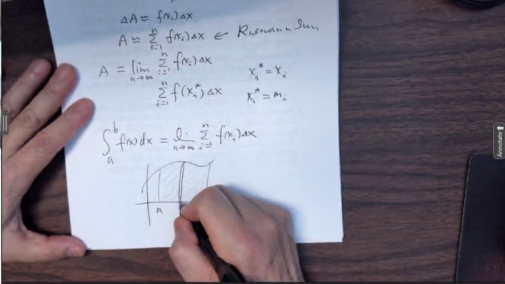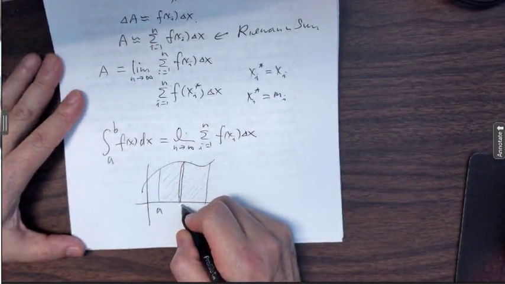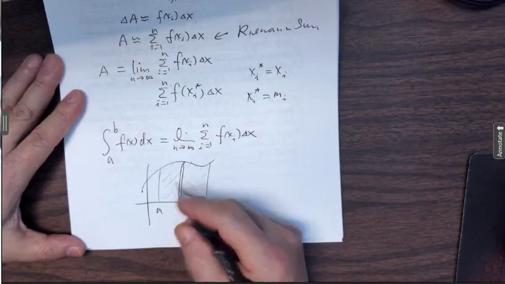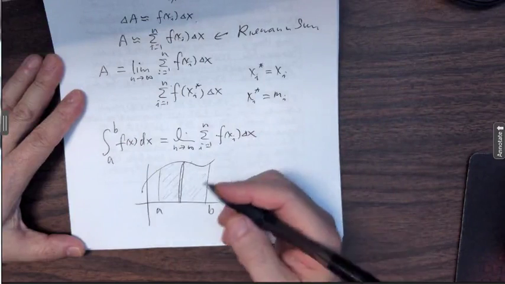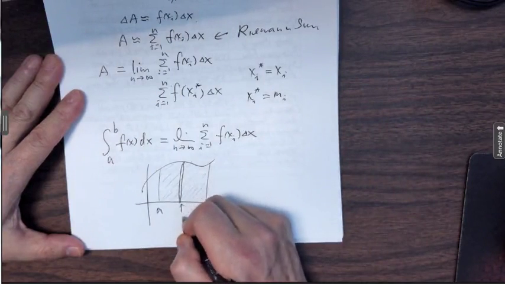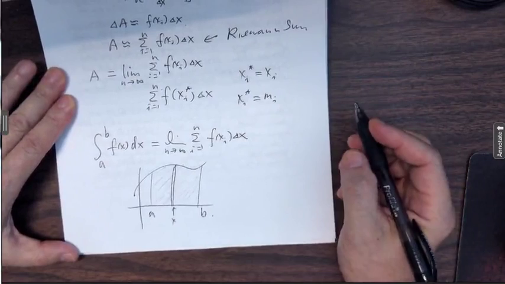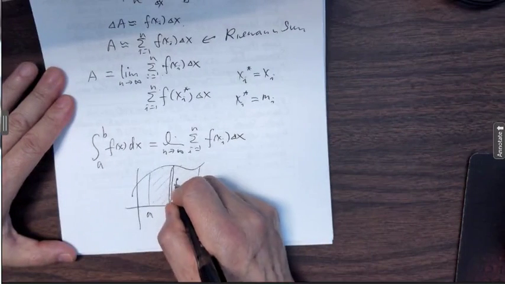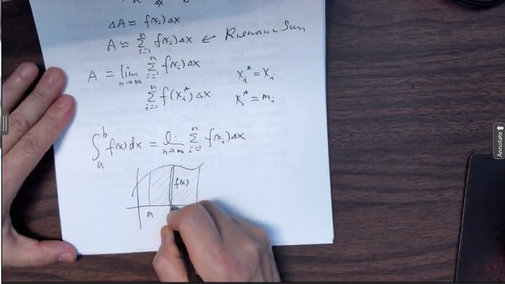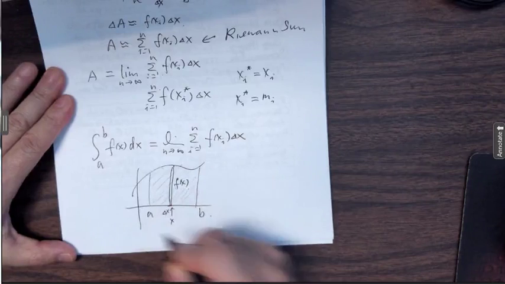So instead of picking the right endpoint or midpoint to evaluate the function as a height, we just say some point x. So naturally, the height will be f of x. The width, of course, is still delta x.